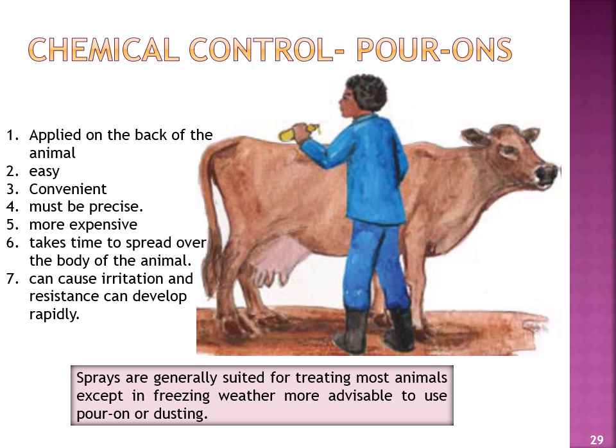We can use the pour-on application for the insecticide if the weather is not suitable to make the dipping or the spraying, and the infestation is in a limited place on the animal body. So we just use the pour-on, which is applied on the back of the animal, and usually it has a higher concentration of the insecticide material.